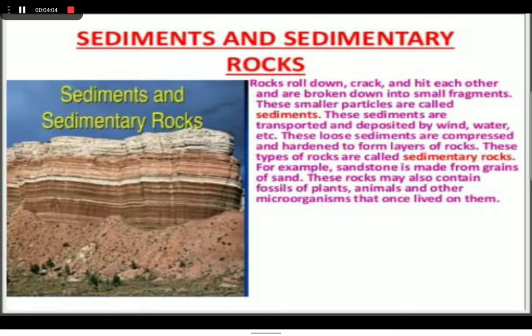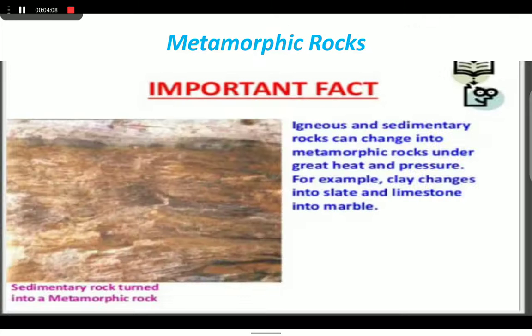For example, sandstone is made from grains of sand. Metamorphic rocks. These rocks are formed due to great heat and pressure acting on igneous and sedimentary rocks. Igneous and sedimentary rocks can change into metamorphic rocks under great heat and pressure. For example, clay changes into slate and limestone changes into marble.